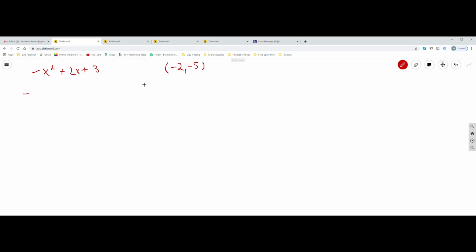So we have negative of negative 2 plus h squared plus 2 times negative 2 plus h plus 3, and since minus a negative number makes it positive, it's plus 5.